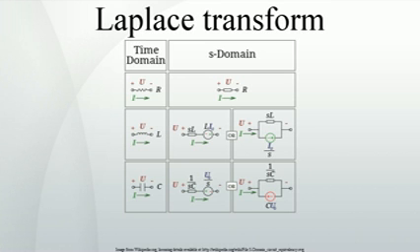Relationship to other transforms. Laplace-Stieltjes transform. The unilateral Laplace-Stieltjes transform of a function g(t) is defined by the Lebesgue-Stieltjes integral. The function g is assumed to be of bounded variation. If g is the antiderivative of f, then the Laplace-Stieltjes transform of g and the Laplace transform of f coincide.